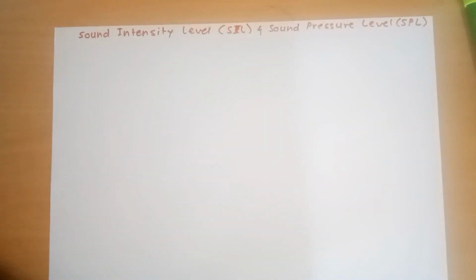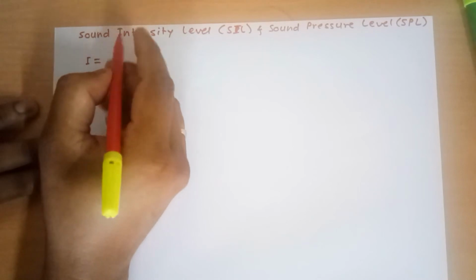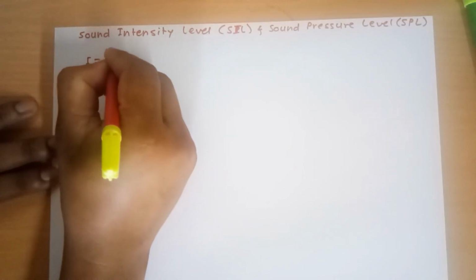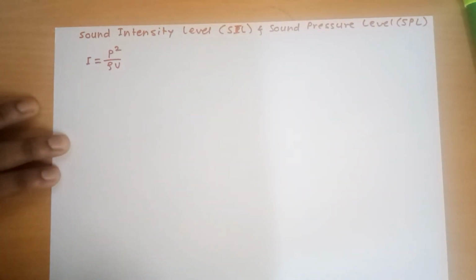Now we are going to discuss the sound intensity level and sound pressure level relationship, that is the relationship of SIL and SPL. We know I, that is sound intensity, can be calculated by P square divided by rho V. As we have discussed in the last video, P is nothing but the root mean square pressure and rho V is nothing but the characteristic impedance of the medium.